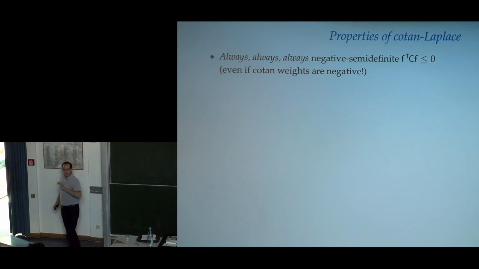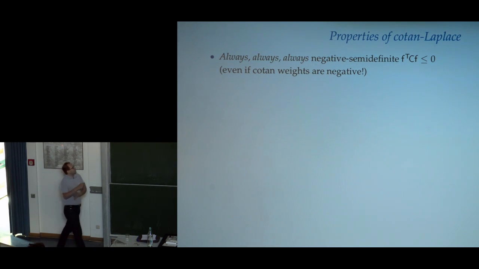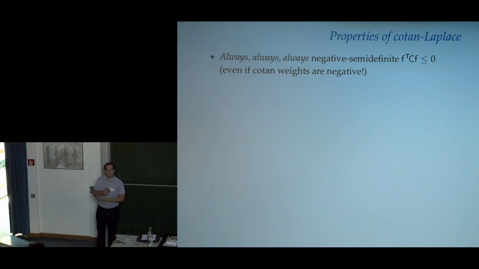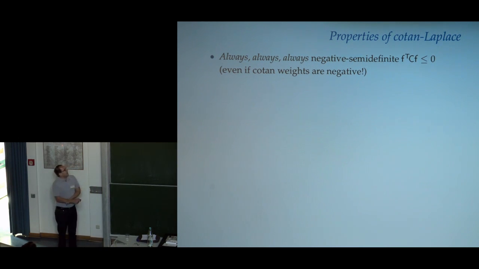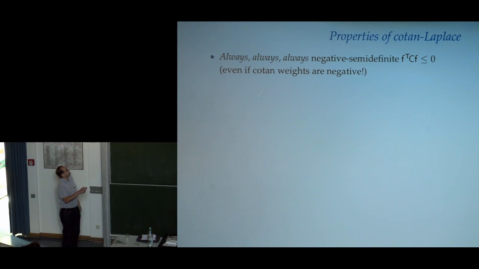Okay, so I talked a bit about the properties of the smooth Laplacian. I'm going to talk a bit about how these apply to the discrete Laplacian. The first is that, just like the smooth Laplacian, if you did f times Laplace f and integrated that up, you always got something negative, because this is just the negative of the Dirichlet energy. It's also true that if you have the cotan Laplacian, you always get something negative. It doesn't matter how bad the mesh is, it's always negative.